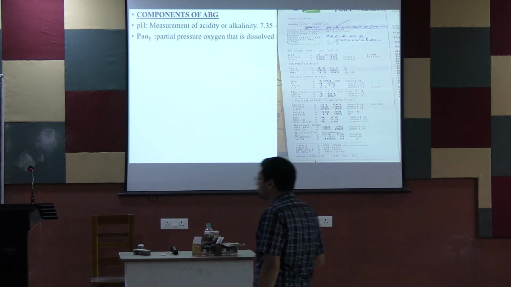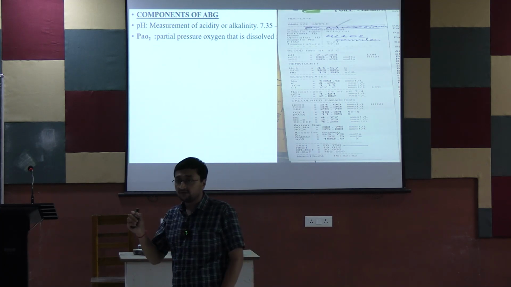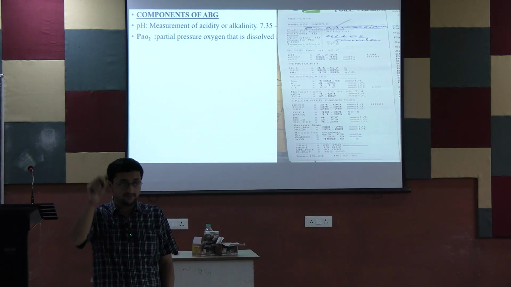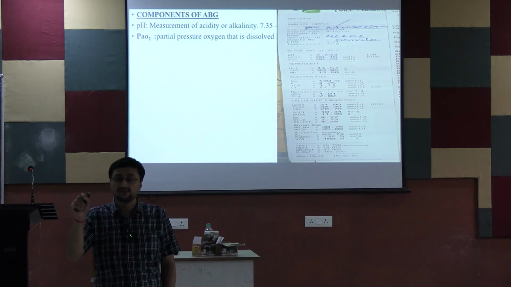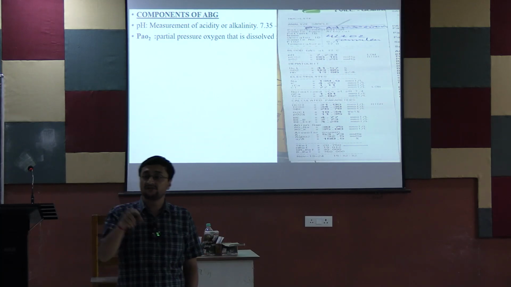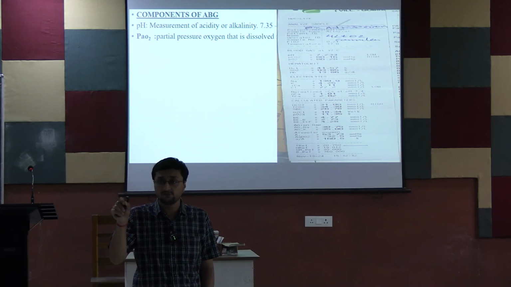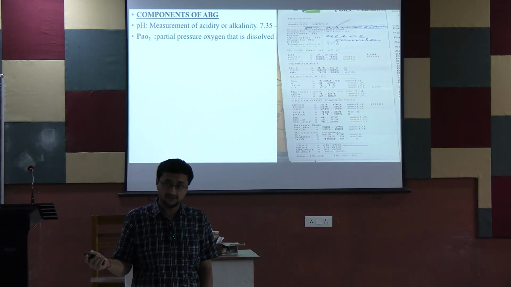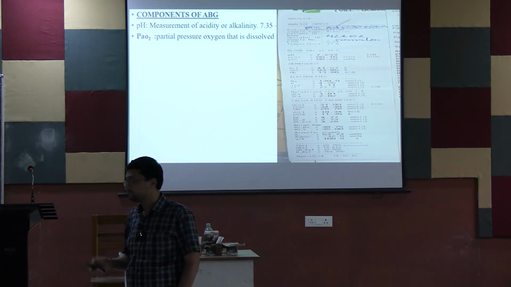Then PO2, correctly it should be termed as PaO2, small a, P small a O2. That means partial pressure of arterial oxygen. And when you measure VBG, that is PvO2, partial pressure of venous oxygen, right? So this is PaO2.